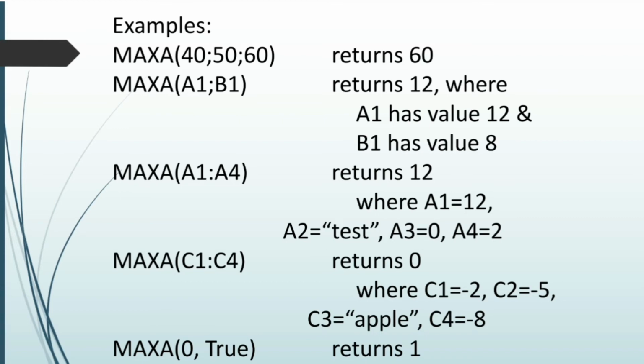We have seen that string values are treated as 0. So here A1 would have value 12, A2 would have 0, A3 0, A4 2.